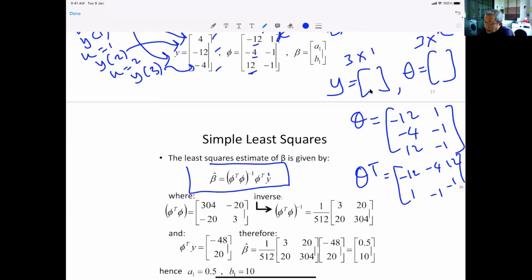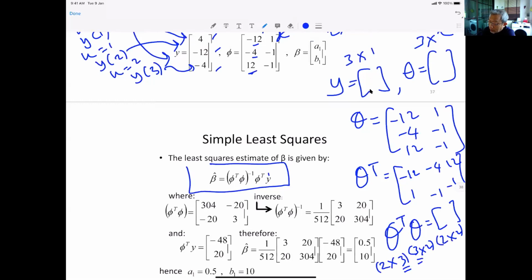And this one will be multiplied together, and it will give you a 2 by 2 matrix, because theta transpose is 2 by 3 and theta is 3 by 2. The inner sizes are the same, so it will give you 2 by 2, which is 304, minus 20, minus 20, and 3, using a calculator.